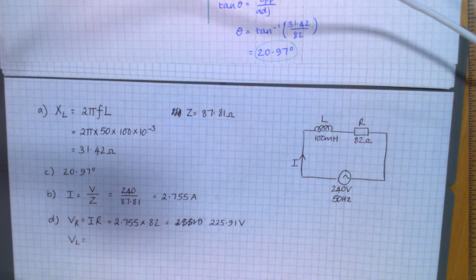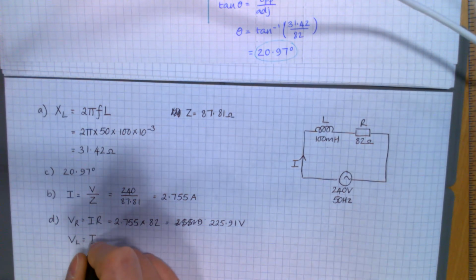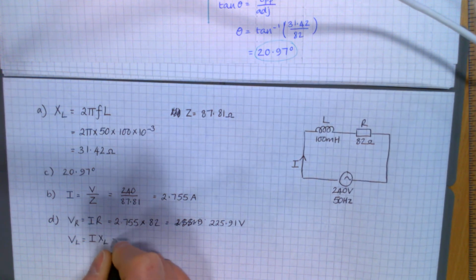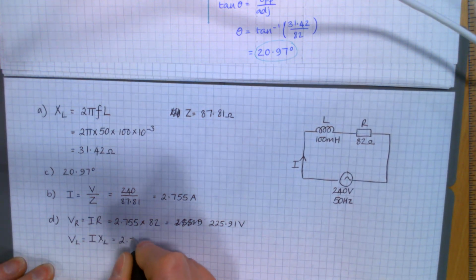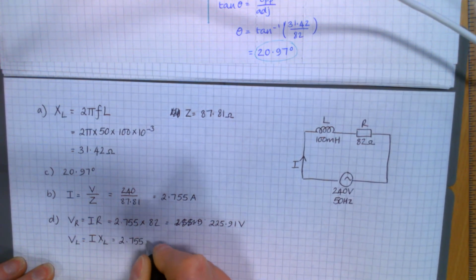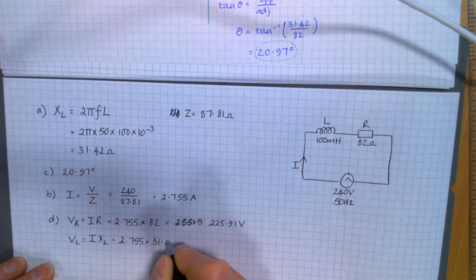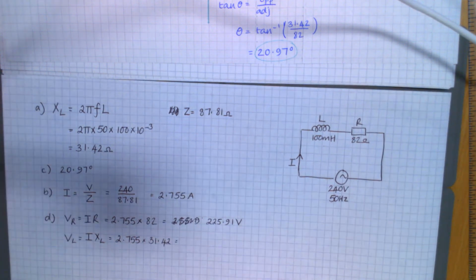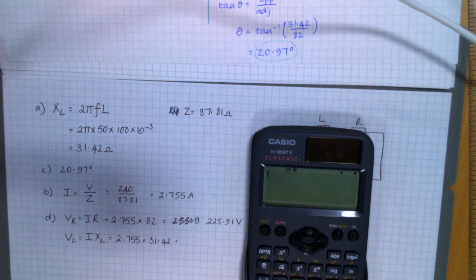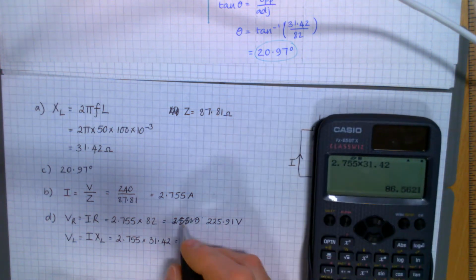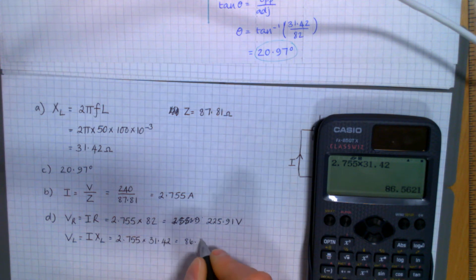And to get your VL, you're going to do I times XL, XL being the number of ohms that you're contributing to that inductor. So that's 86.56.